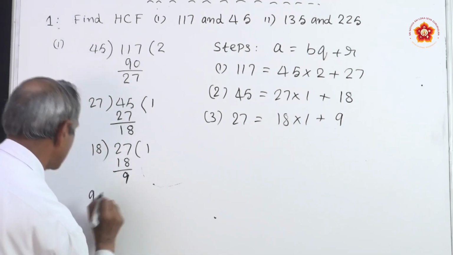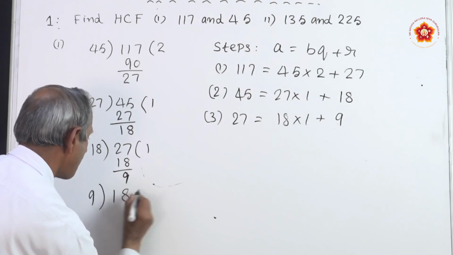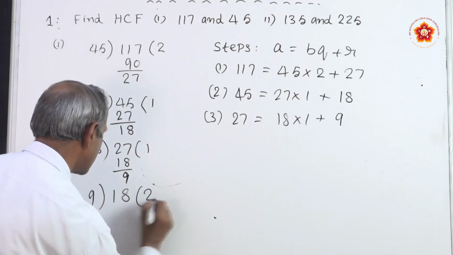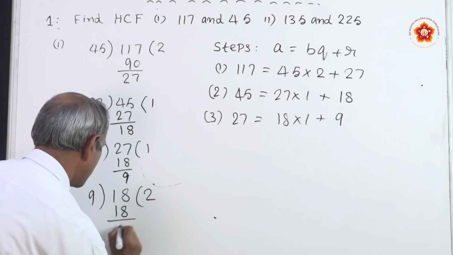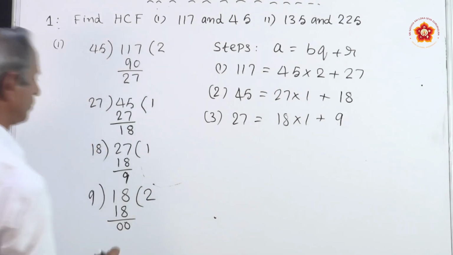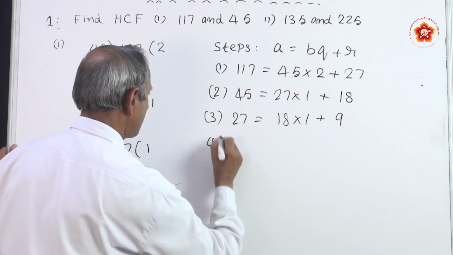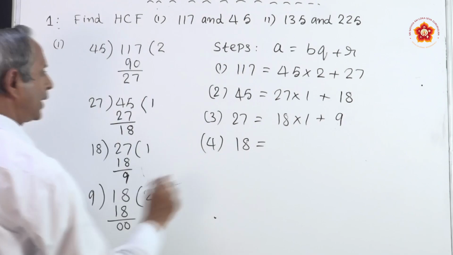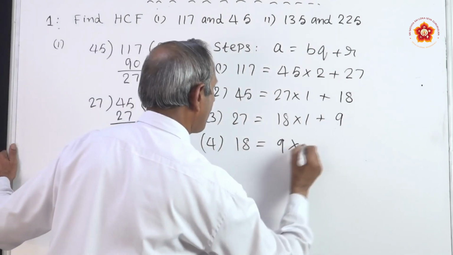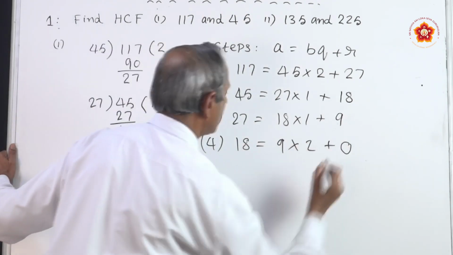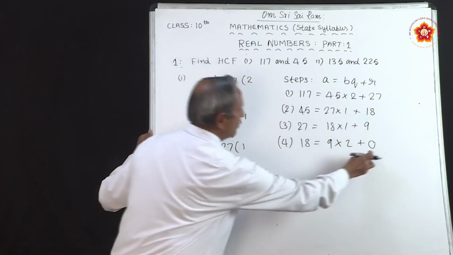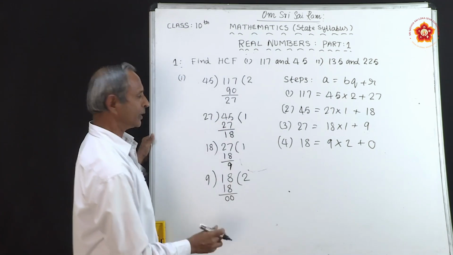Here 9 is there, here 18 is there. 9, how many times will it go? It will go 2 times into 18. Now the remainder becomes 0. Now write the procedure here. 18 is equal to 9 into 2 plus remainder 0. Our procedure stops when the remainder becomes 0. You have to stop the procedure.